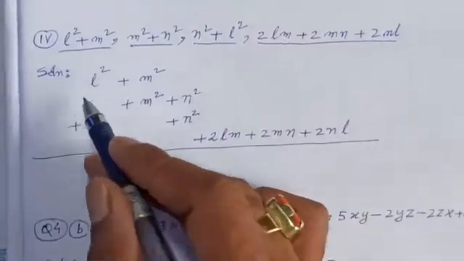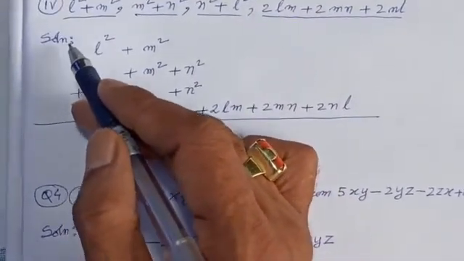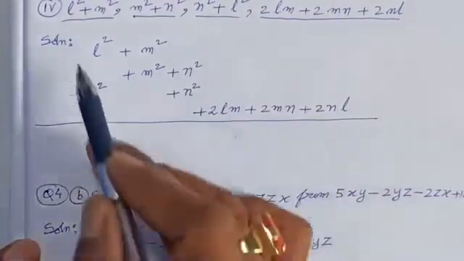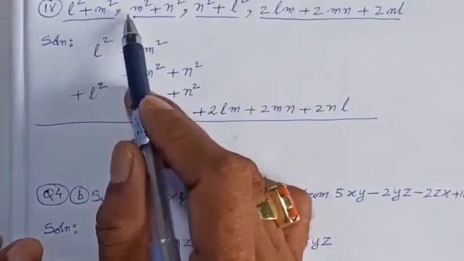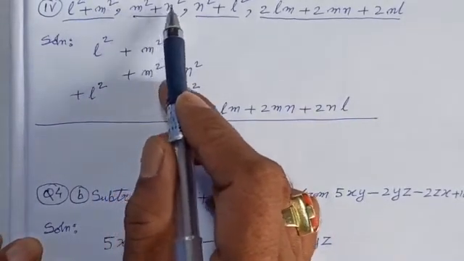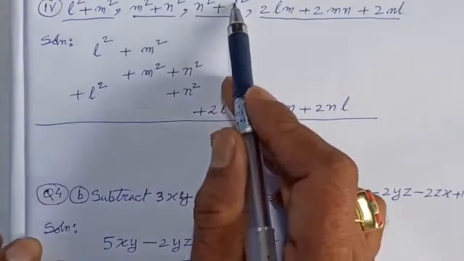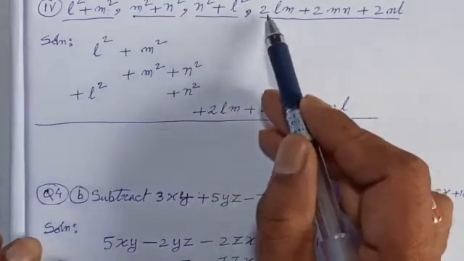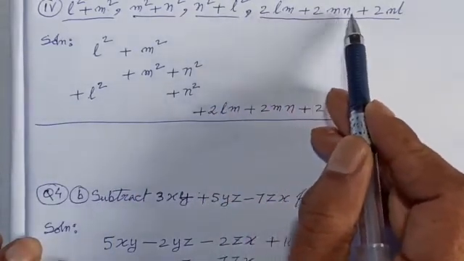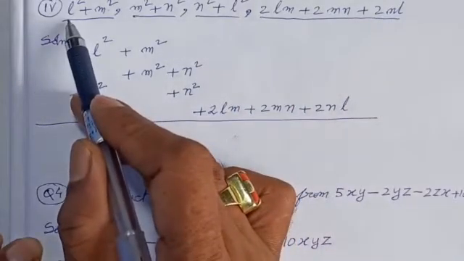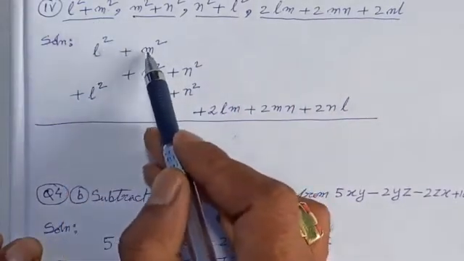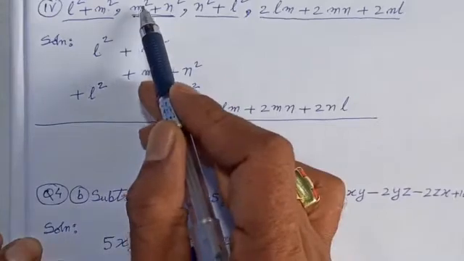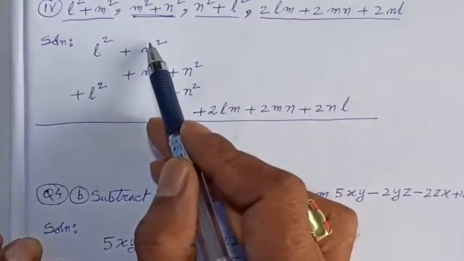Now let me do Roman number 4. L squared plus M squared plus N squared, comma, N squared plus L squared, comma, 2LM plus 2MN plus 2NL. Now the first expression is L squared plus M squared. The second one is this. This M squared and this M squared are like terms, so write them in the same line.